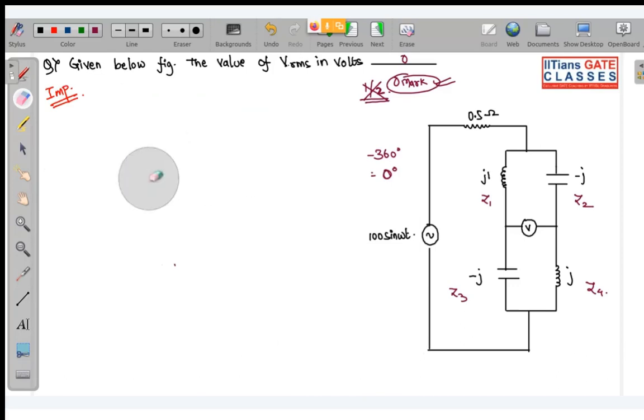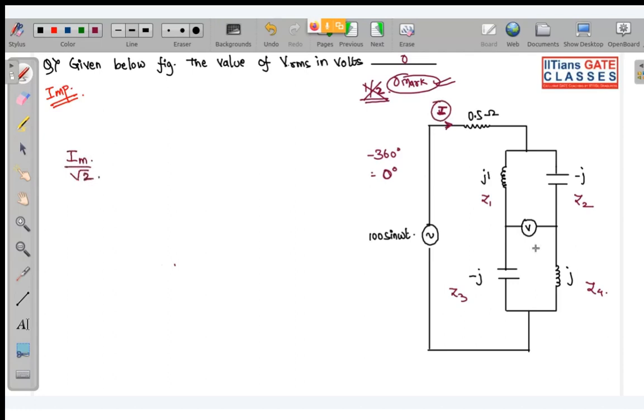What you can do for finding VRMS: just try to find out this current. If you are able to find this current in sinusoidal, this will also be a sinusoidal current only. So RMS value will be Im by root 2.